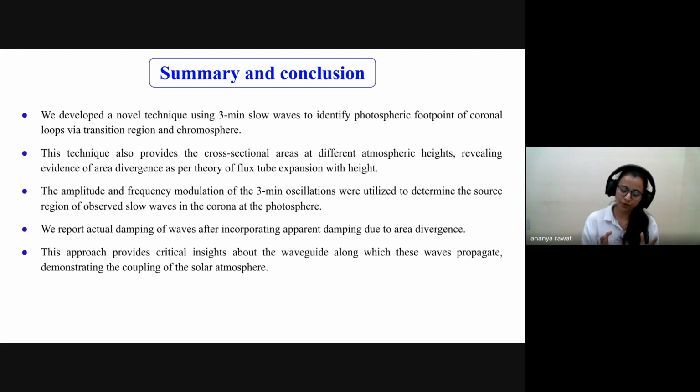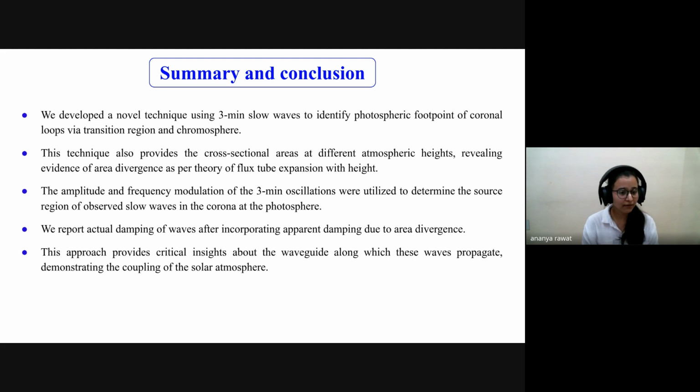And from the previous images, we clearly saw that the dynamics of each layer of the solar atmosphere is very different, and visually they are also very different. That is why the coupling of the solar atmosphere is a very challenging task.